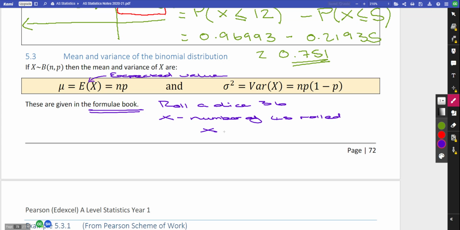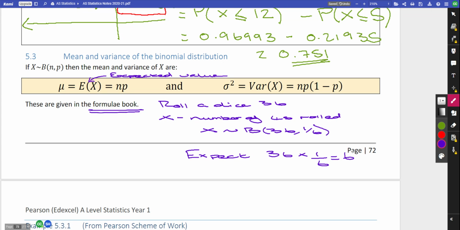And the distribution would be binomial, so n is 36. And the probability that I get a 4 on a fair dice is 1/6. I expect to get 36 times 1/6, which is 6 4s.